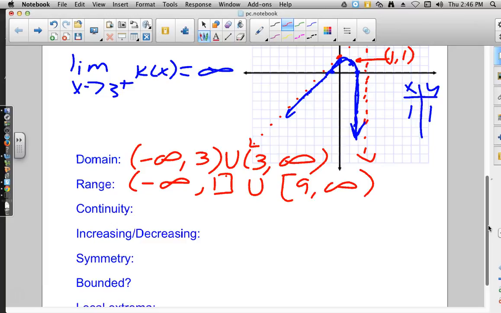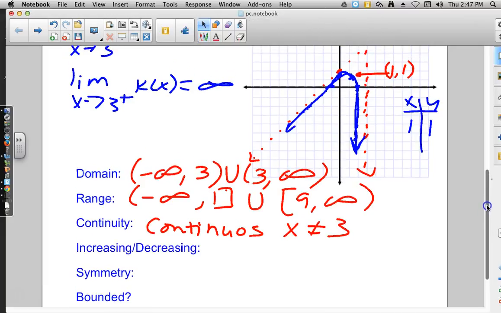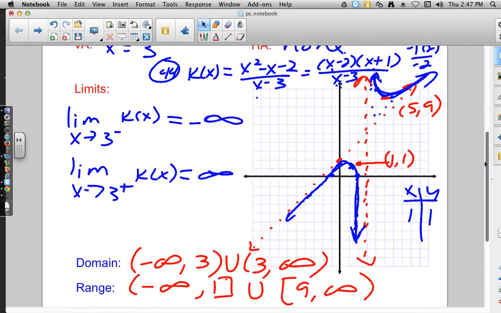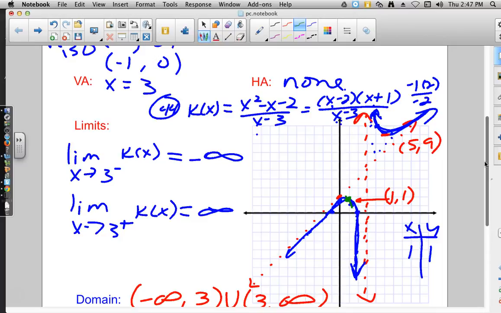And the next piece is our continuity, and we realize that again it's that vertical asymptote that we have to leave out, so it's continuous for all x not equal to 3. Increasing and decreasing. Well, go back to the picture and we take a peek and we see that this portion of the graph is decreasing and this portion of the graph is decreasing.